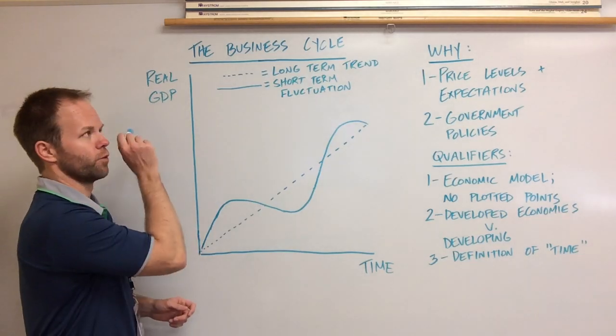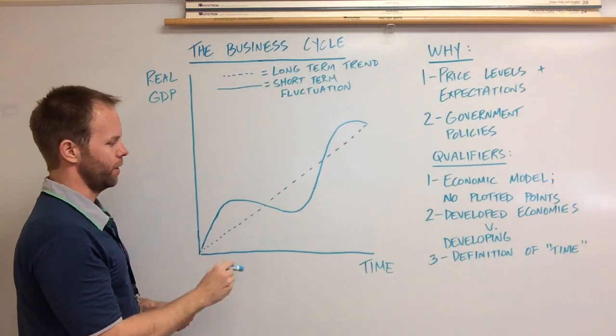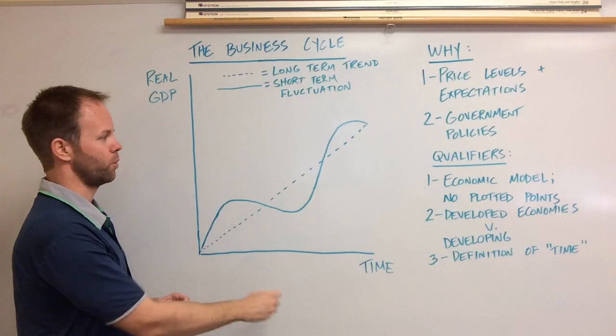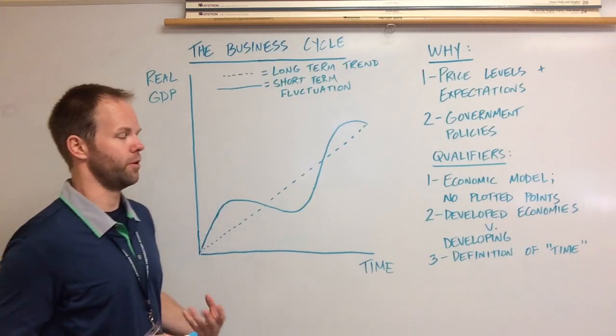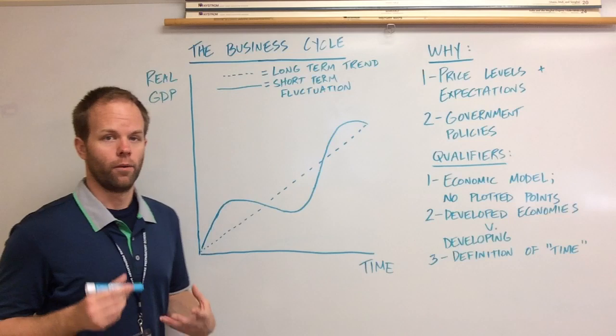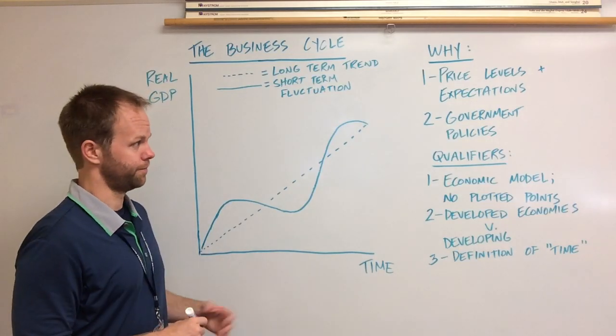Okay? So when we use real GDP, we're trying to adjust for the price level changes between years, and that's really important to coming up with a reliable figure when we're comparing growth across years.